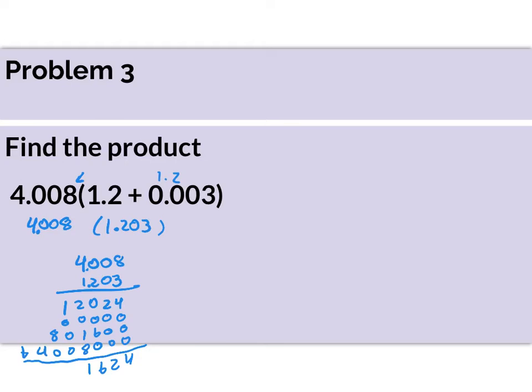That's 11, 2, 8, 4. Okay, we have 1, 2, 3, 4, 5, 6 numbers after the decimal. Put your decimal at the end, move it 1, 2, 3, 4, 5, 6 spaces. So the answer to this one is 4.821624.